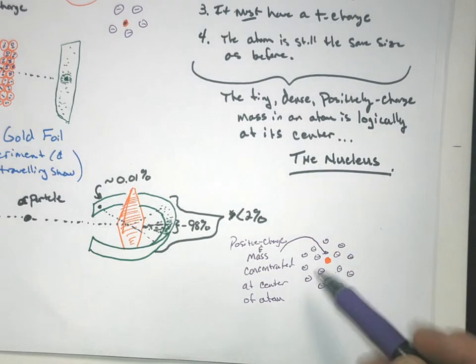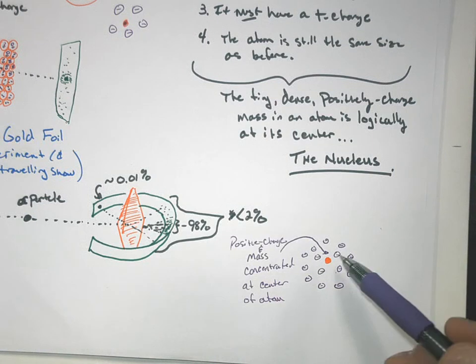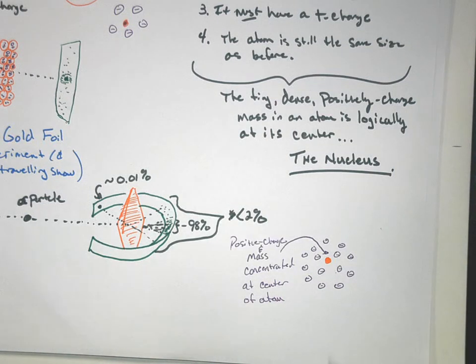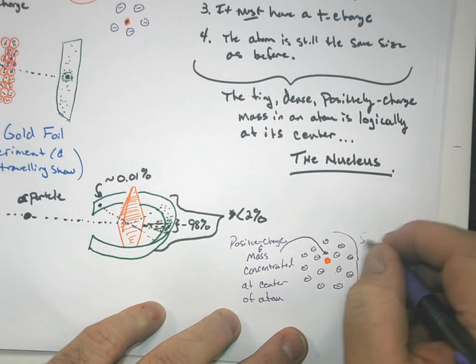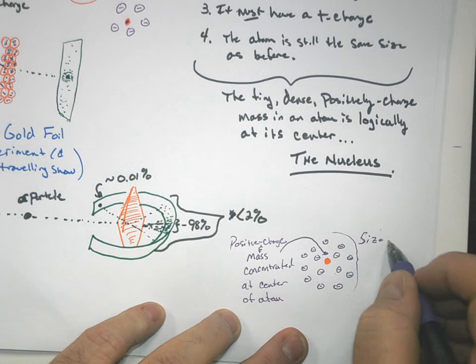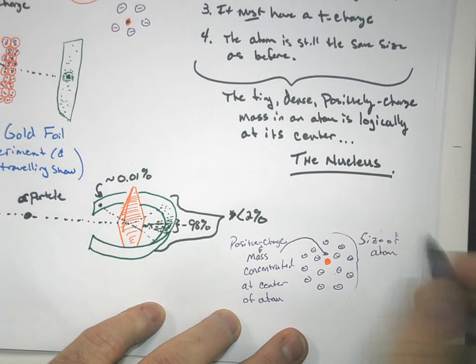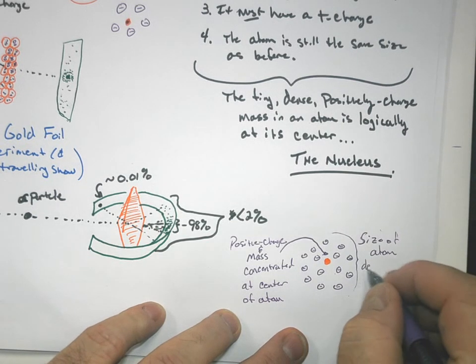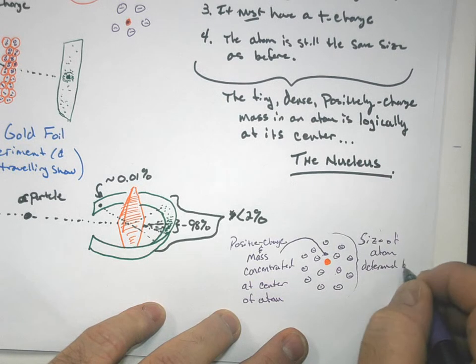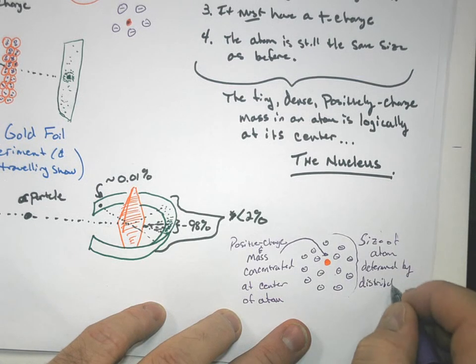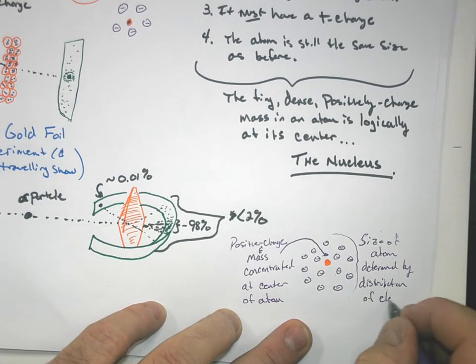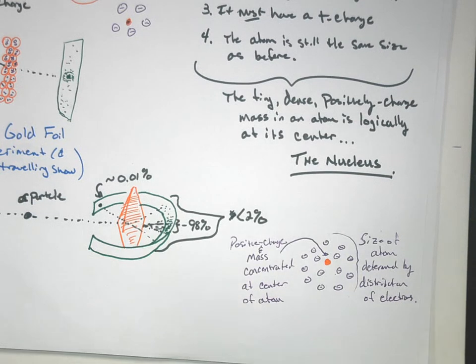The positive charge and the mass are concentrated at the center of the atom, and around it, the size of the atom was determined by the distribution of electrons spread out through the whole thing.